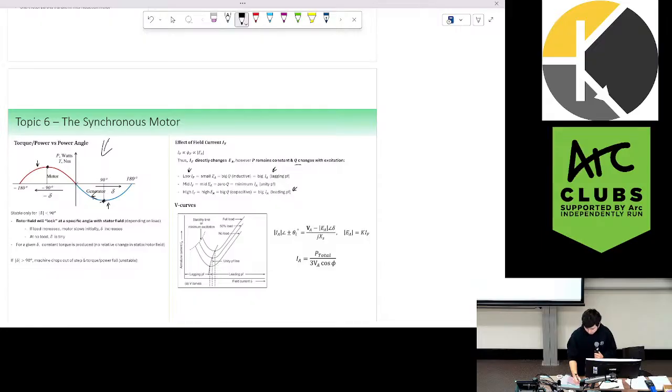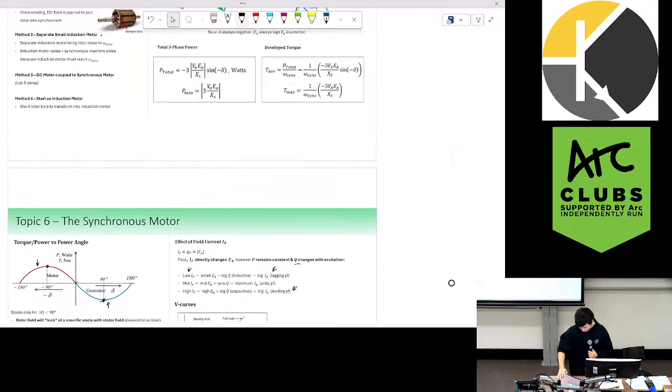That means my starting torque, to bring something up to speed within the time frame to catch up, would need to be rather significant, which would push it into power fall, torque fall.